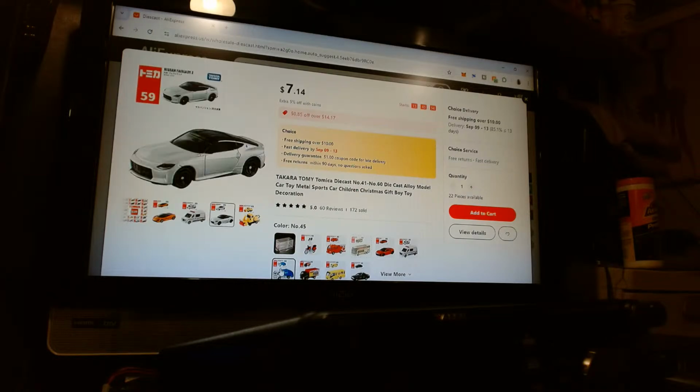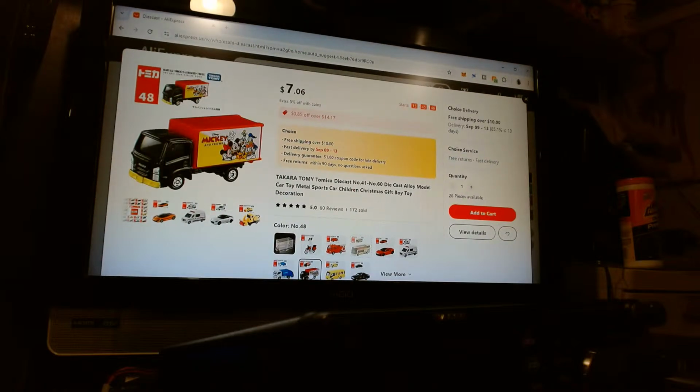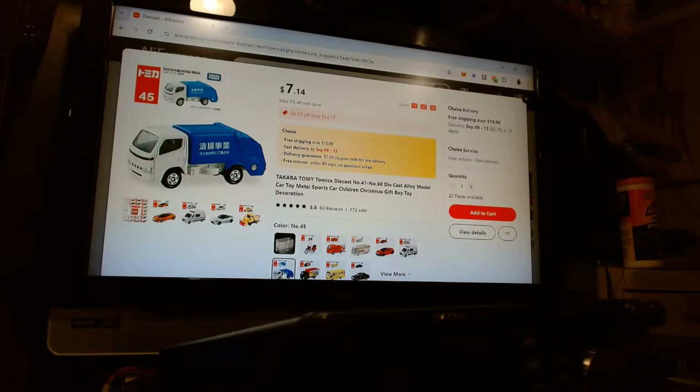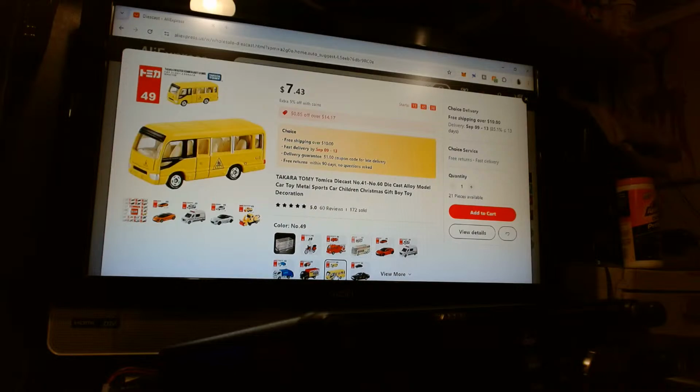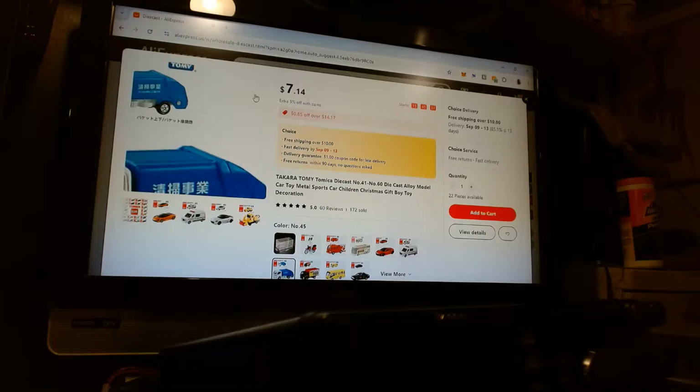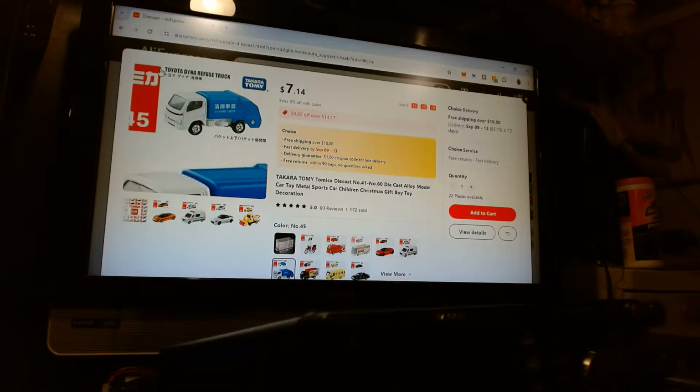Let's see, what's that? Okay, this thing needs to be like, there's no way I can move around this. Okay, there you go. So this one doesn't even tell you the scale.